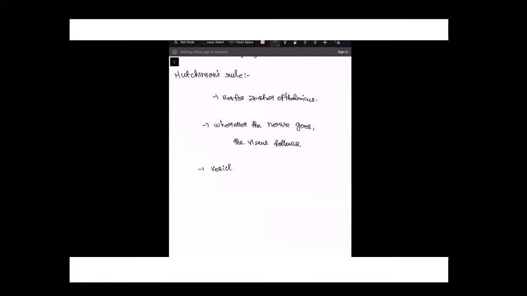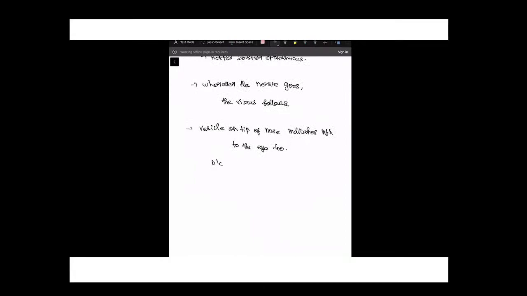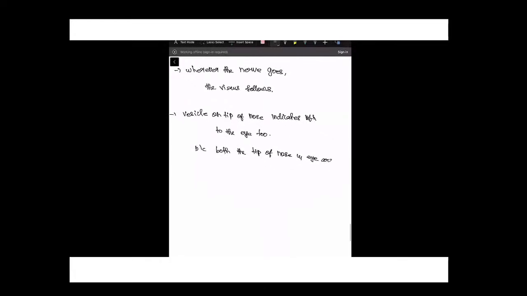A vesicle on the tip of the nose indicates infection to the eye too, because both the tip of our nose and the eye cornea are supplied by the same branch of.